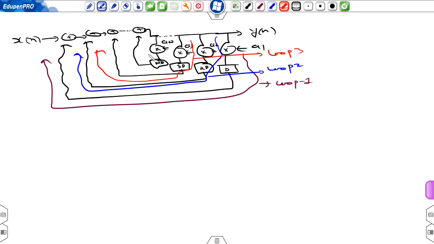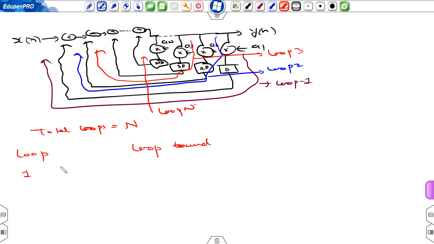And this is the last, that is loop n. So there will be a total of n loops, and each loop is associated with a loop bound, so we can calculate it very easily. So the loops and their loop bounds.